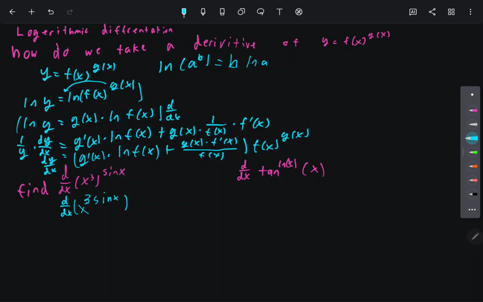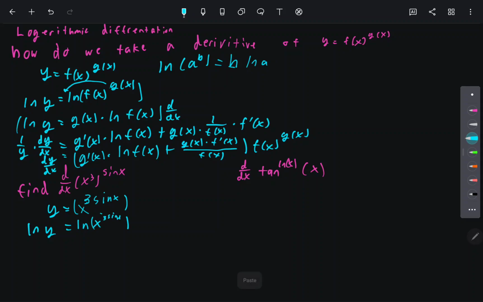Alright. Well, we need to set this equal to something, so we'll say that this is equal to y. Okay. So now we are going to take the natural log of both sides. So we get the natural log of y is equal to the natural log of x cubed, or sine of x.